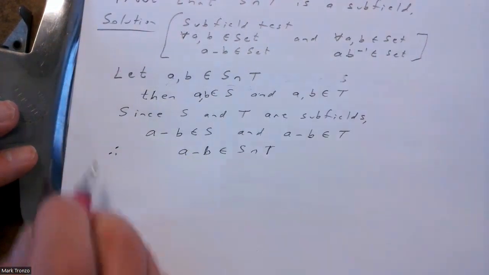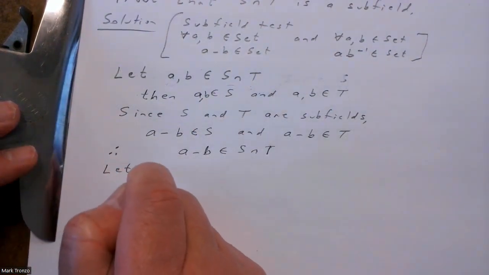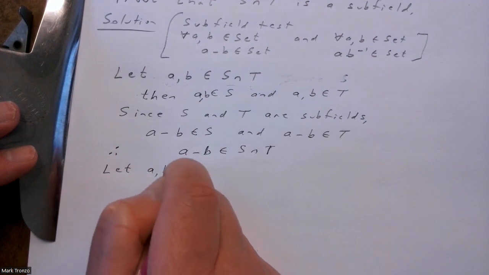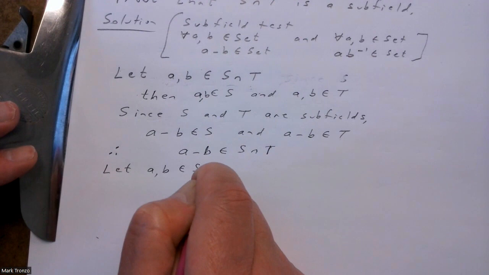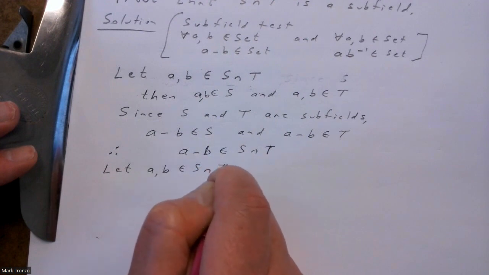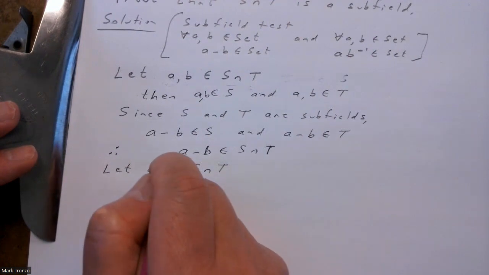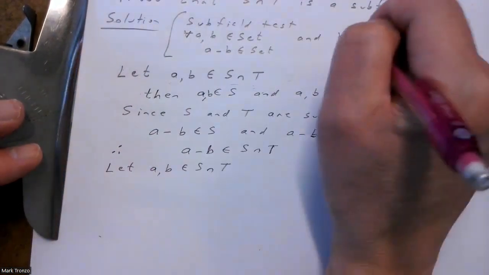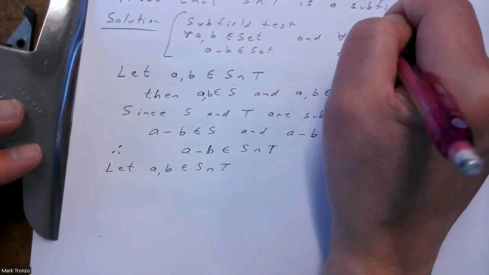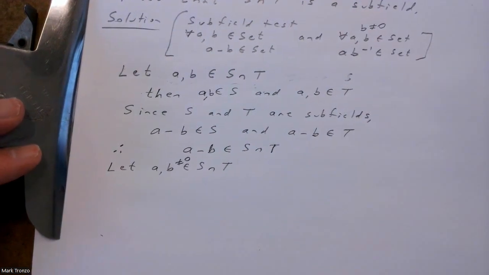And then let's do the second test that we have to do here. You wouldn't have to write "let" again, but I'm going to do it just for completeness. So let A and B be in S intersection T. One of the things for the test, which I didn't write up here, was that B is not 0, and we're going to assume B is not 0.